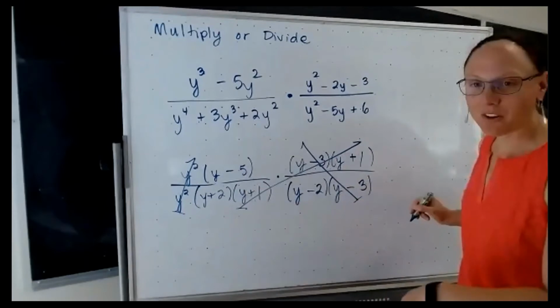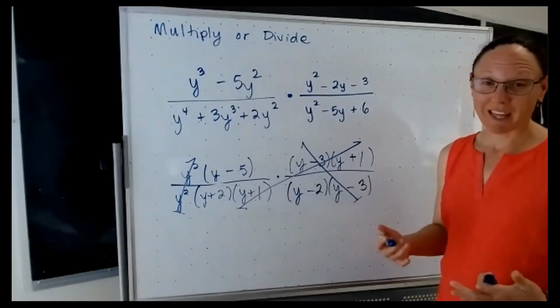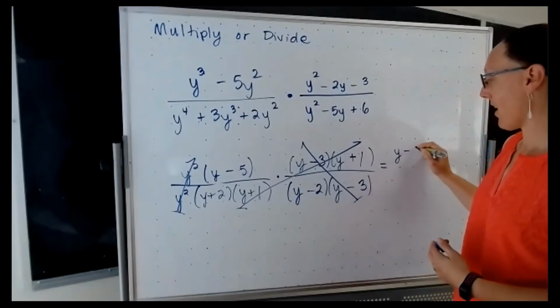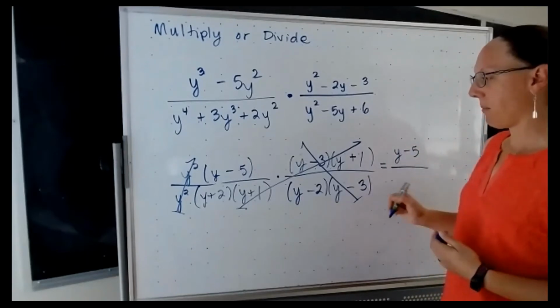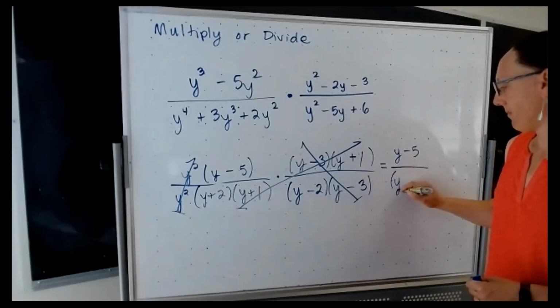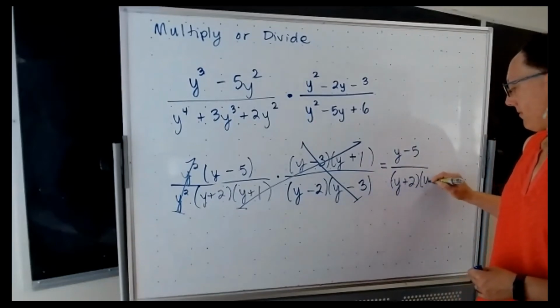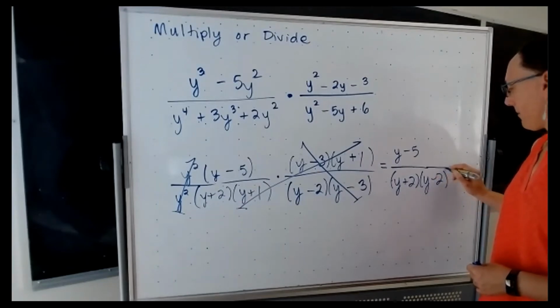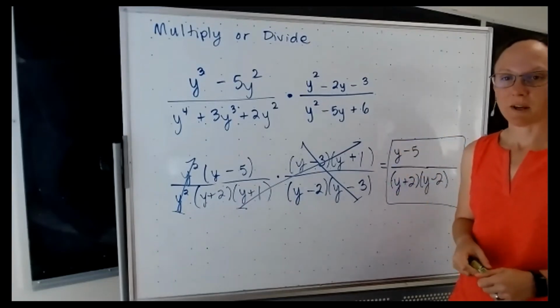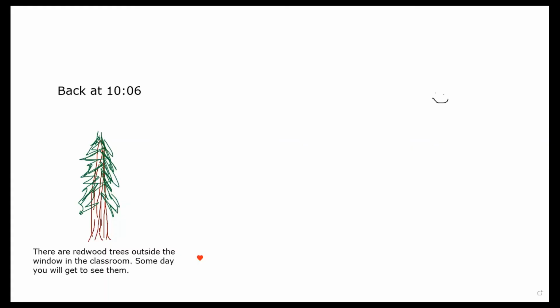And after I do all that, the factors that I'm left with in the numerator, I've got a y minus 5. And in the denominator, I've got y plus 2 times y minus 2. And I think that's going to be my final answer.